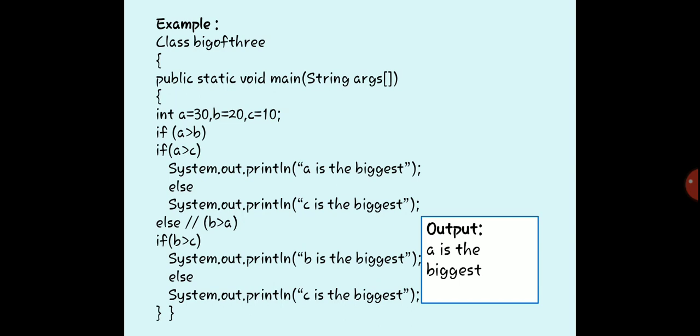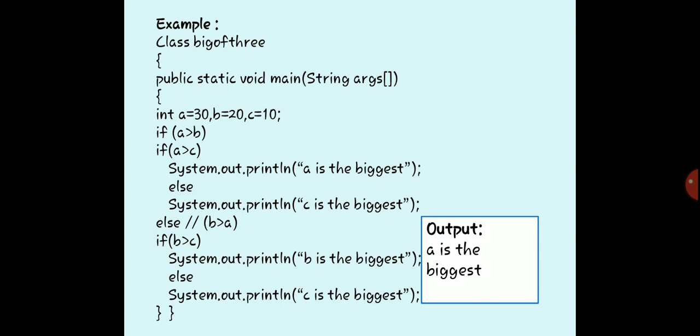Now the other else. See the outer if, A is greater than B. This else means A is not greater than B, so that means B is greater than A. Keeping this in mind, we check another condition: B is greater than C. If B is greater than A and also B is greater than C, then we print B is the biggest.